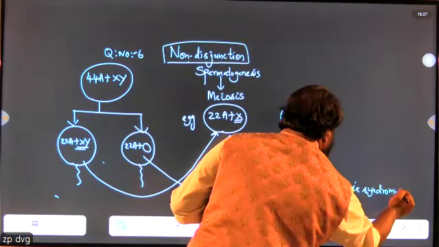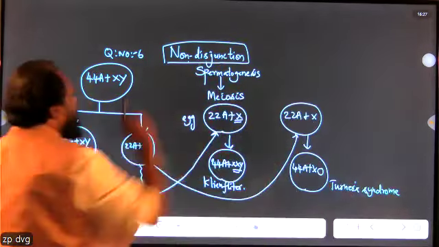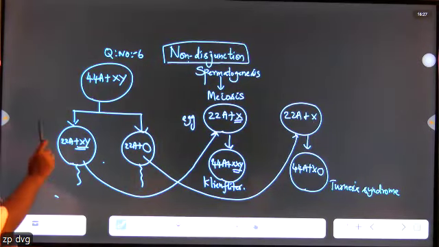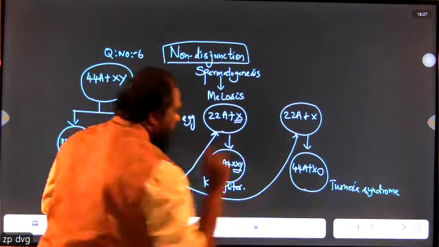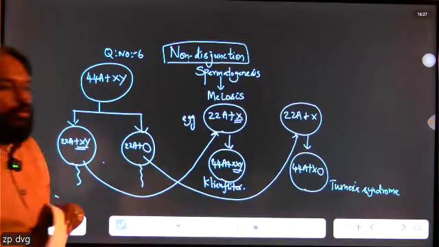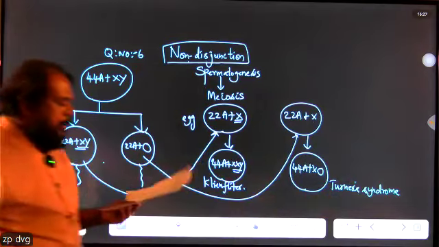So, if non-disjunction happens in spermatogenesis and these kinds of sperms are produced, two abnormalities happen. One is Klinefelter syndrome, the other one is Turner syndrome.